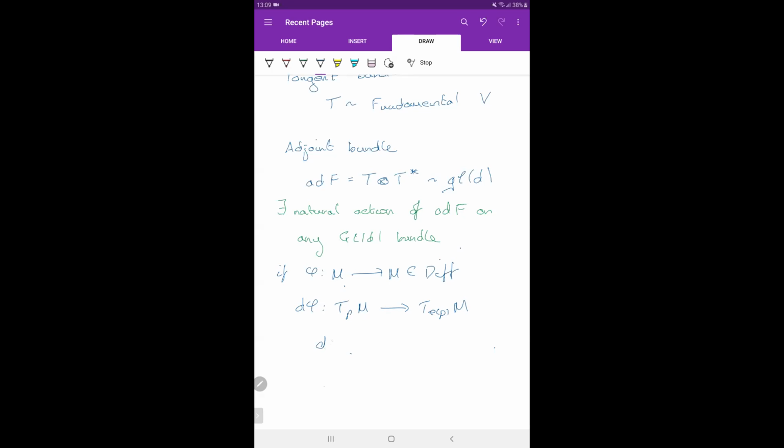So d phi acting on a particular tangent space is an element of this GL(d) group. And so in this respect, diffeomorphisms and the GL(d) play nicely together. They form part of or act in a very similar way.